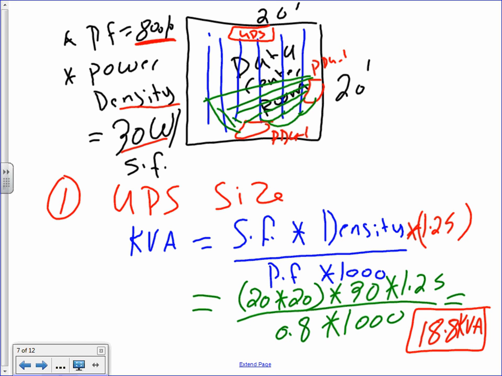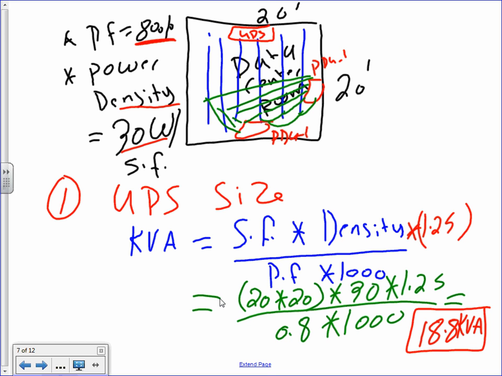So, what do I need to do? 30 watts per square foot. The square foot is here. I'm saying, right there, 30 watts. When you plug it in, you put 30. You don't have to do anything.